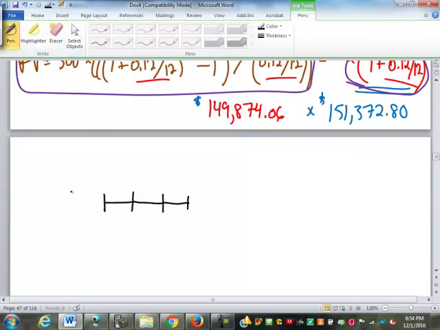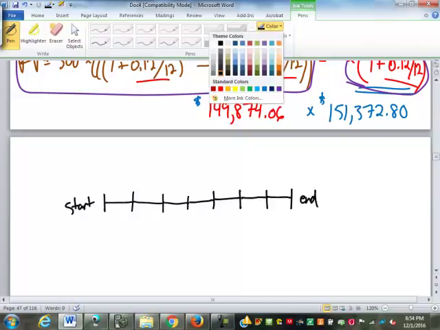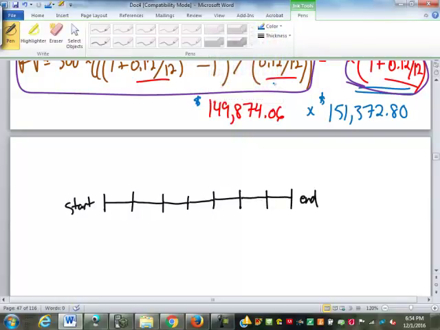If I have a timeline here, and it doesn't matter how many little periods you have, each of those little spaces represents a period.